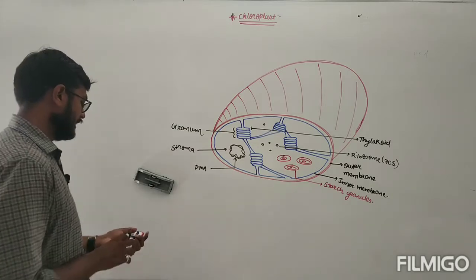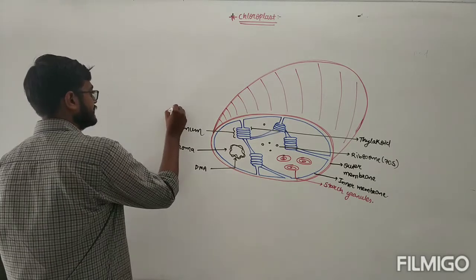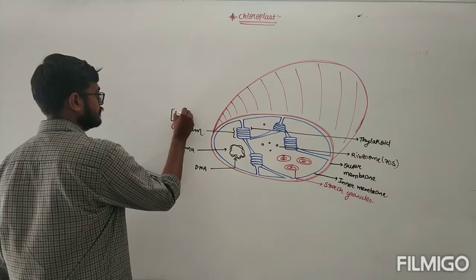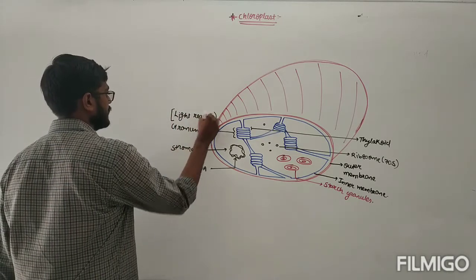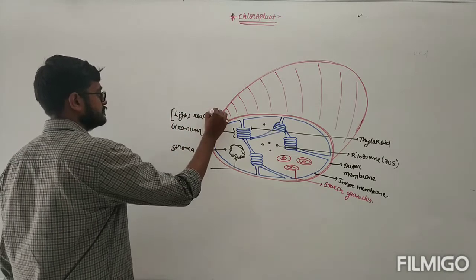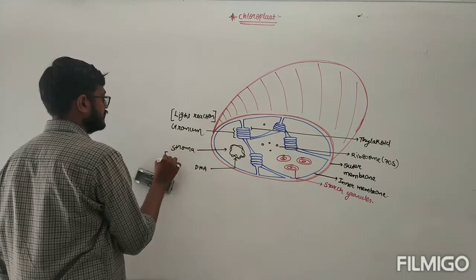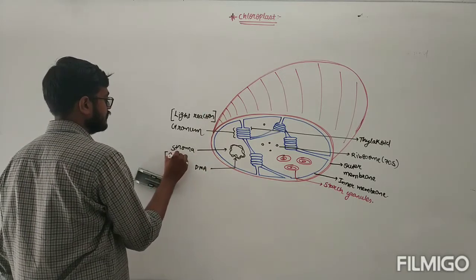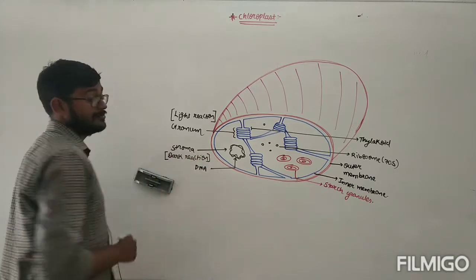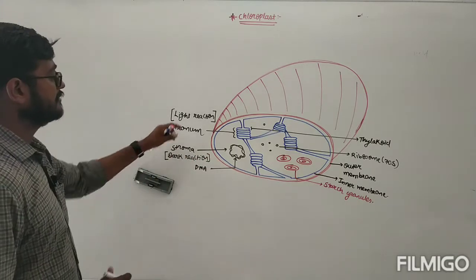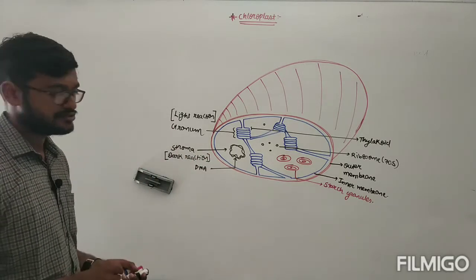One thing I would like to tell you is that the granum has the capacity to carry out the light reaction, and the stroma carries out the dark reaction. The granum constitutes the light reactions within it.